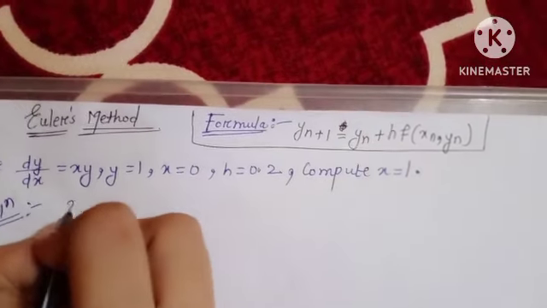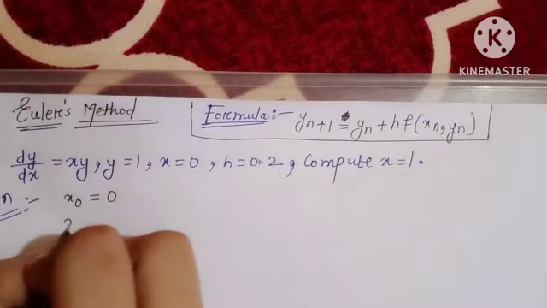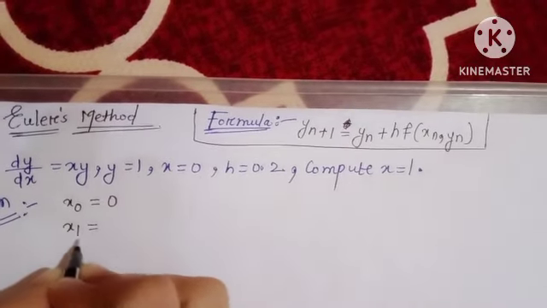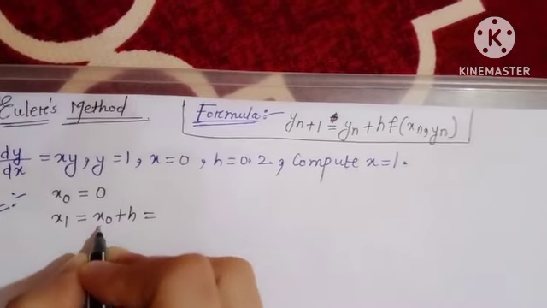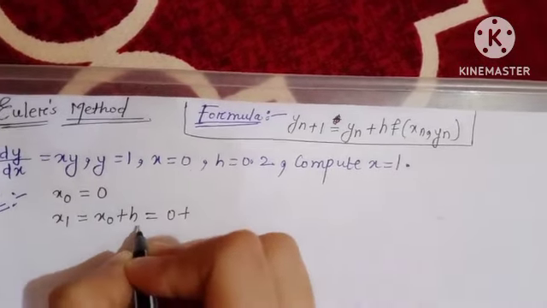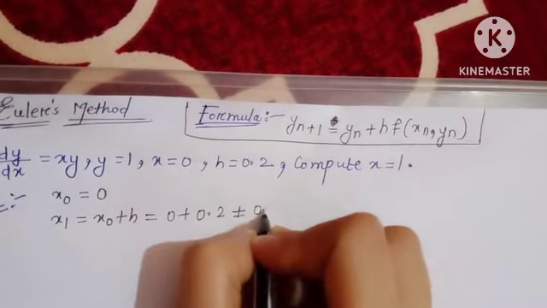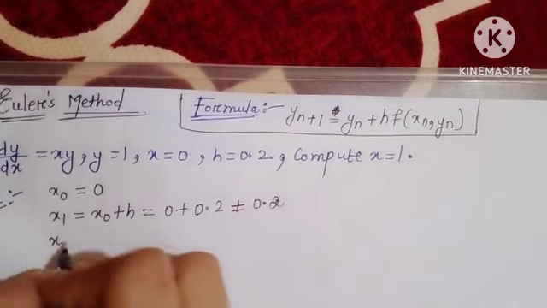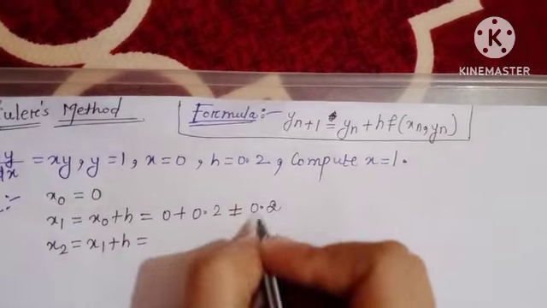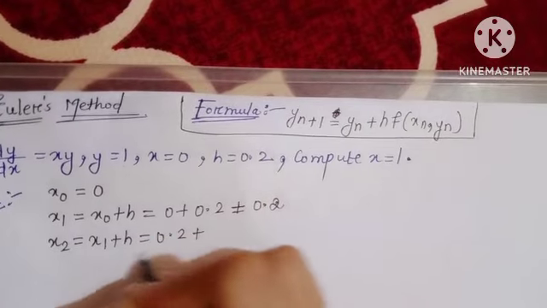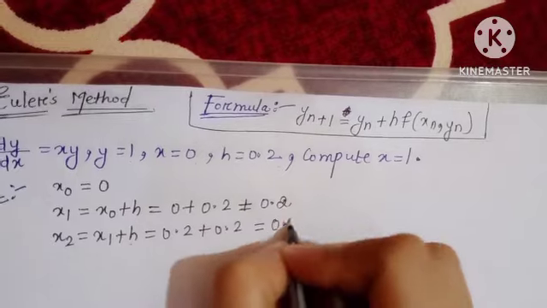So now here the value of x0 is given as 0. We will find x1. x1 will be x0 plus h, means 0 plus 0.2, which is 0.2. Like this, x2 equal to x1 plus h, 0.2 plus 0.2 is 0.4.